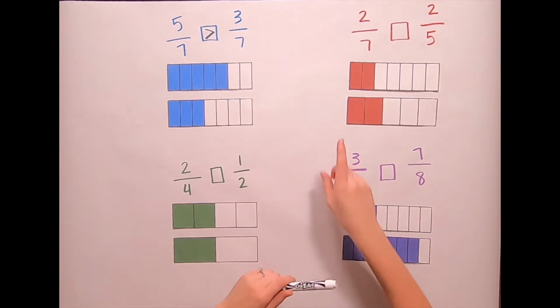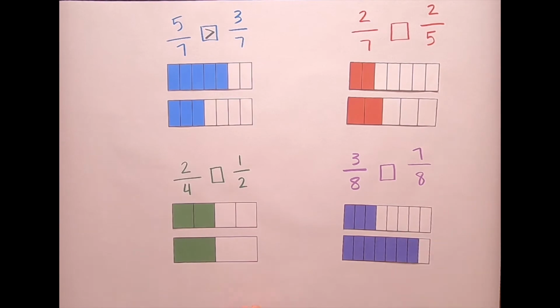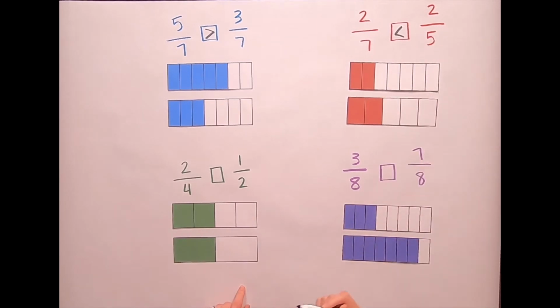Now what about 2/7? Is 2/7 greater than, less than, or equal to 2/5? 2/7 is less than 2/5. Great job. What about 2/4? 2/4, is it less than, greater than, or equal to 1/2?